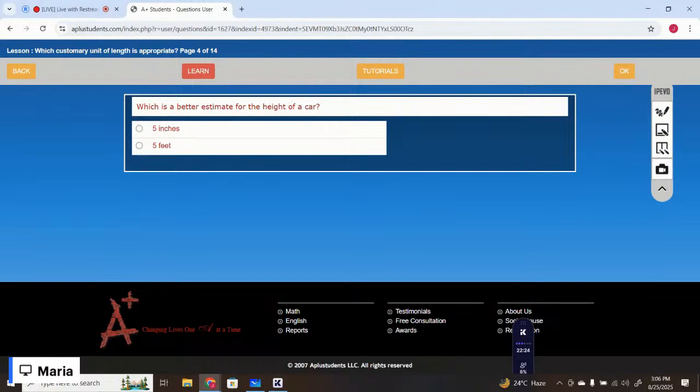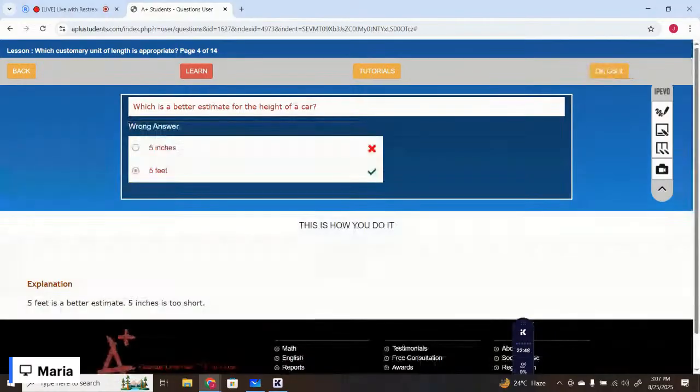Which is the better estimate for the height of a car? The height of the car would be 5 inches. Option number one is the correct option.